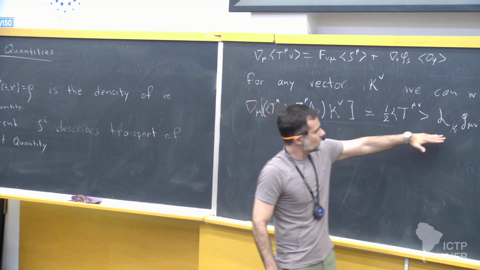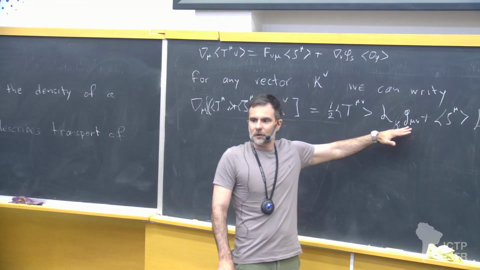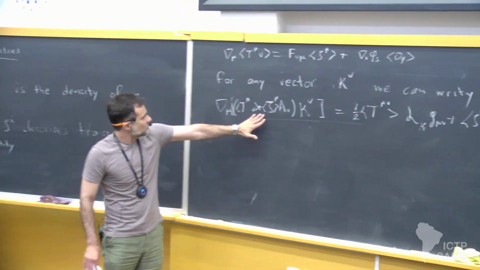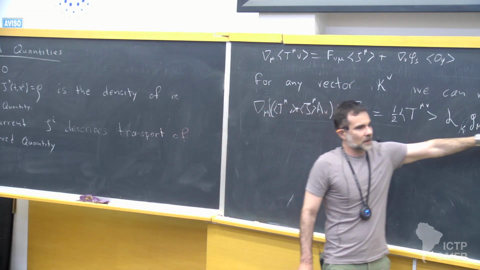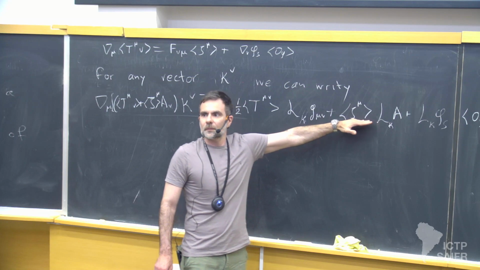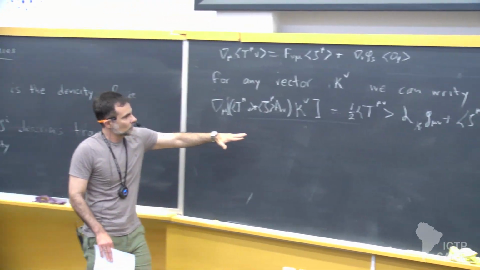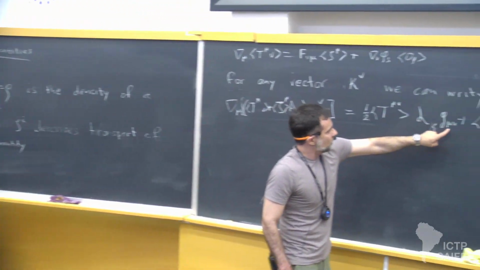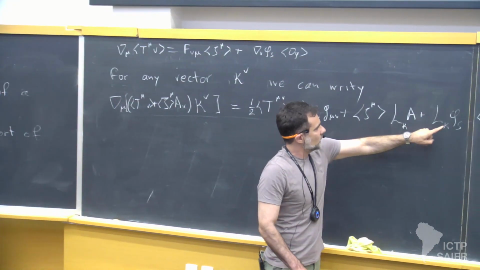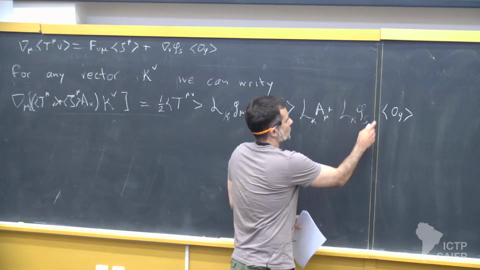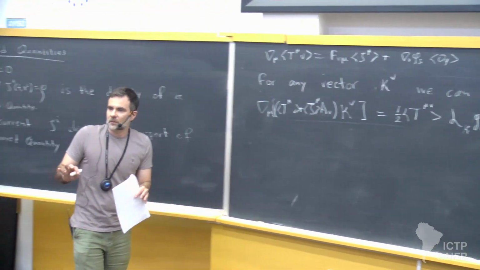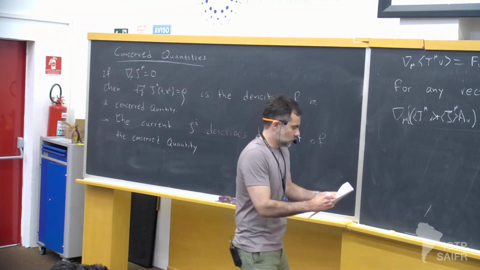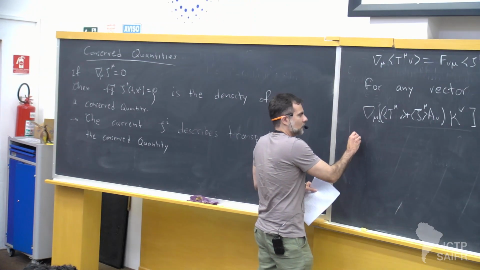Okay, so now let me pick a particular vector, right? So I have some vector here which is almost divergenceless if the right-hand side is 0. Okay, so remember that these, g_{mu nu}, A_mu and phi_s, are backgrounds. They're stuff that are fixed by me. Okay? So then I can make the following statement.